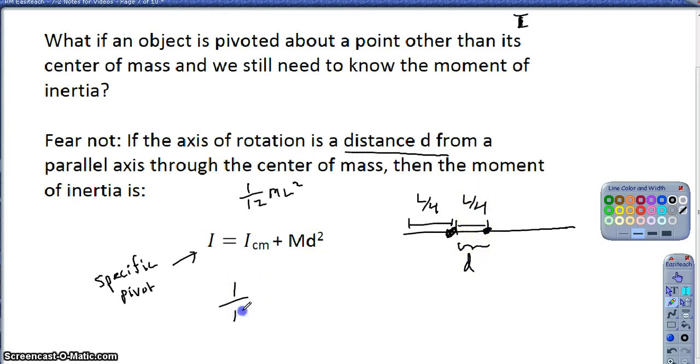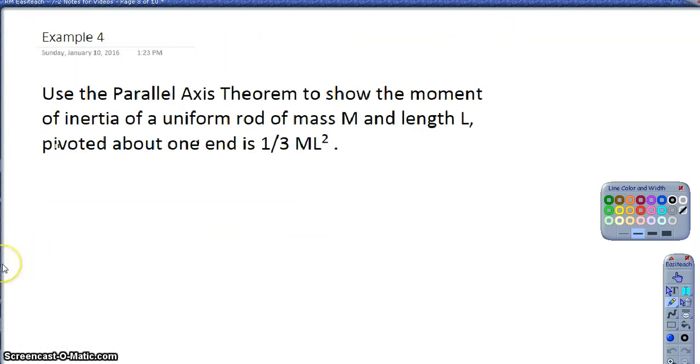Then I would do 1/12 ml squared plus m times 1/4 L, that whole thing squared, and then I would just calculate this value. So the parallel axis theorem makes it way, way easier to calculate the moments of inertia for different pivot points, as long as we know the moment of inertia about the center of mass. Okay, so anyway, we'll see a few examples of this. I think you guys will see that this does make life significantly easier. Hopefully you guys agree with me there.